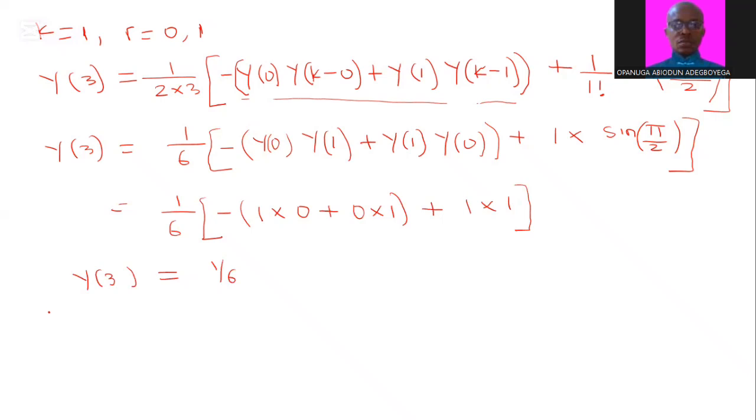So, and then let's go for one more term. When k is equal to 2, r will be 0, 1, 2. So let's quickly do that. So when k is 2, we are going to have y of 4 equal to 1 over 12 into, first substitute the value of r.